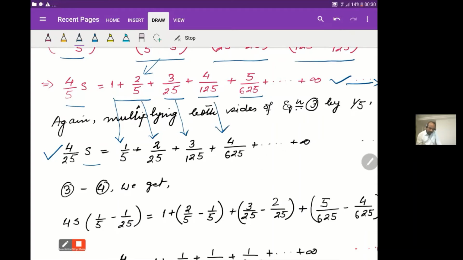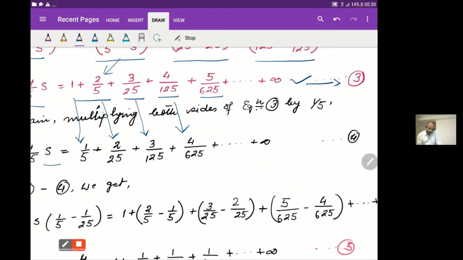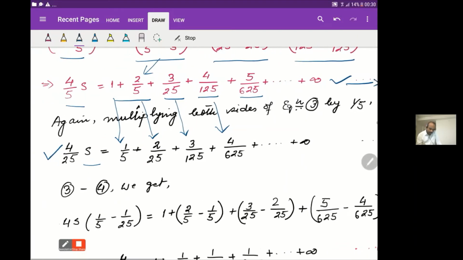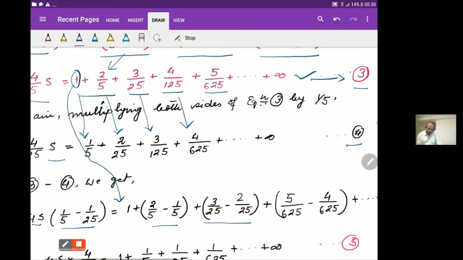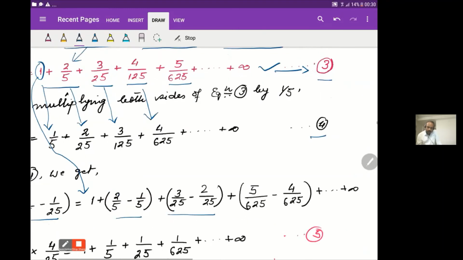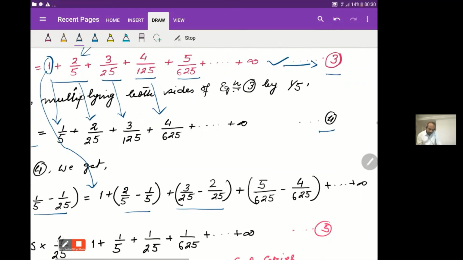So again, doing 3 minus 4, we get 4S is common on the left hand side, times 1 by 5 minus 1 by 25. Then we have 1 plus 2 by 5 minus 1 by 5 plus 3 by 25 minus 2 by 25 plus 5 by 625 minus 4 by 625, and so on and so forth.